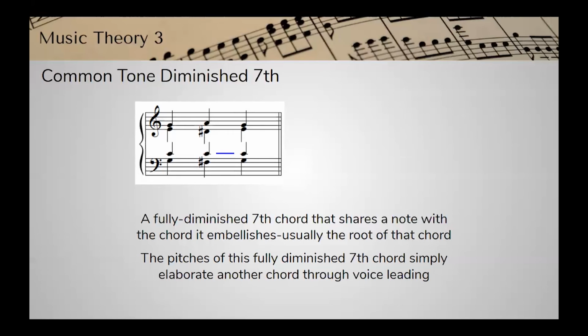Instead, all the pitches of the chord that it's resolving to, that it's elaborating, are embellished by voice leading, so as chromatic lower neighbor tones. So that F sharp embellishes that G, that D sharp embellishes that E, and that A actually is a diatonic neighbor tone, embellishes that G there. Okay, so the sound is this.